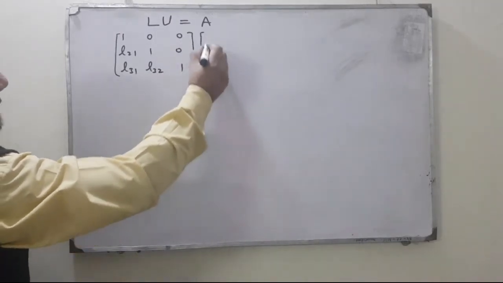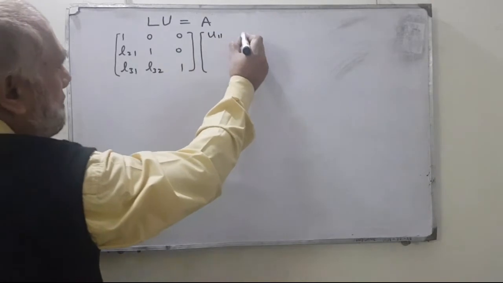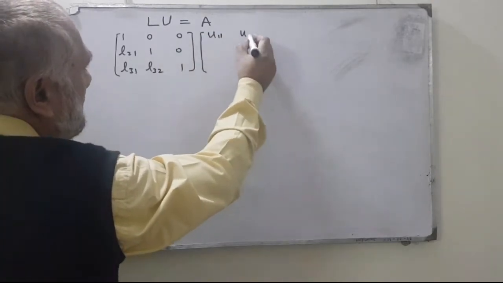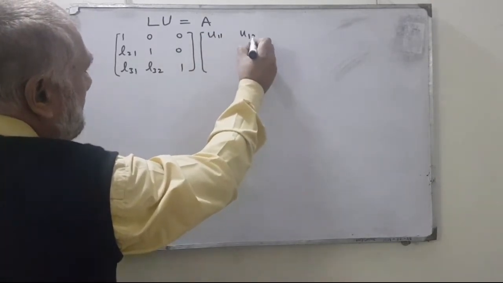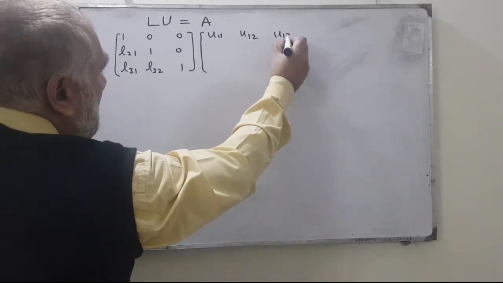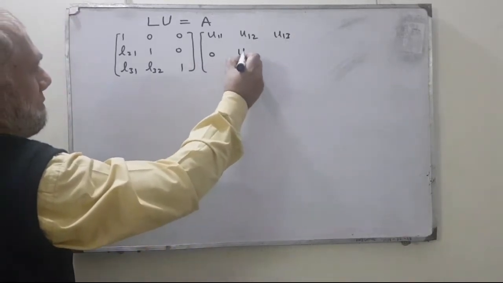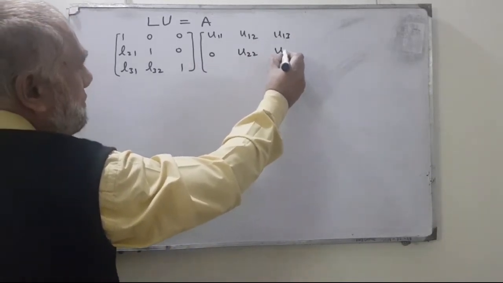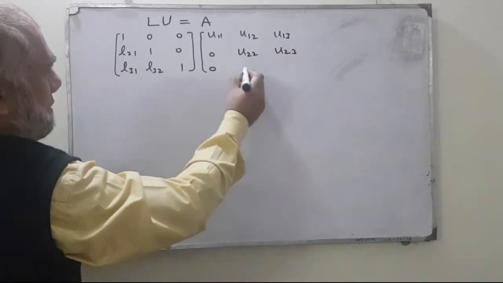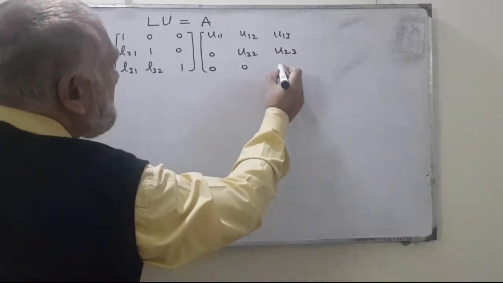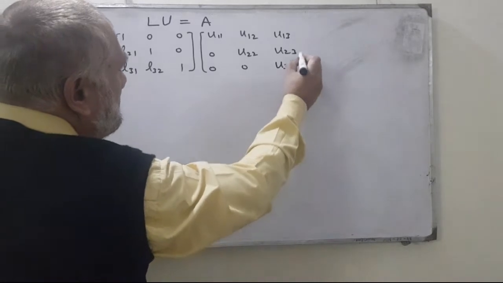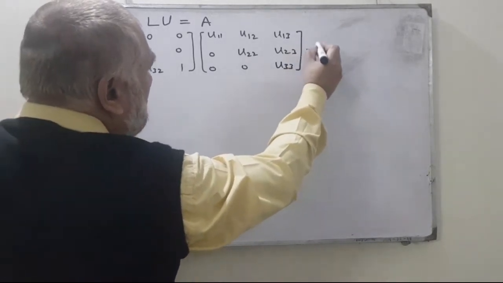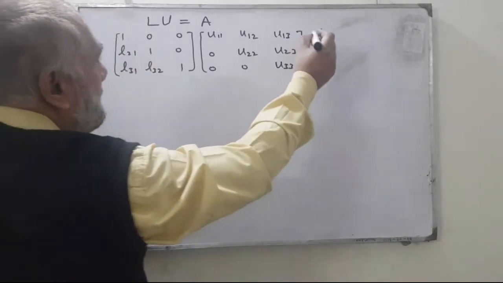And along with it we have the unknown U upper triangular matrix: U11 U12 U13, 0 U22 U23, 0 0 and U33. And the right side is A.